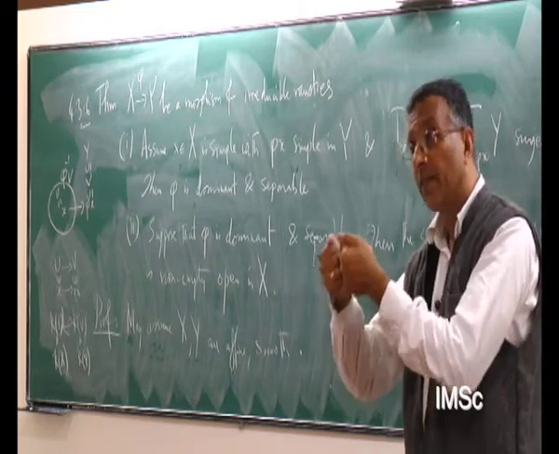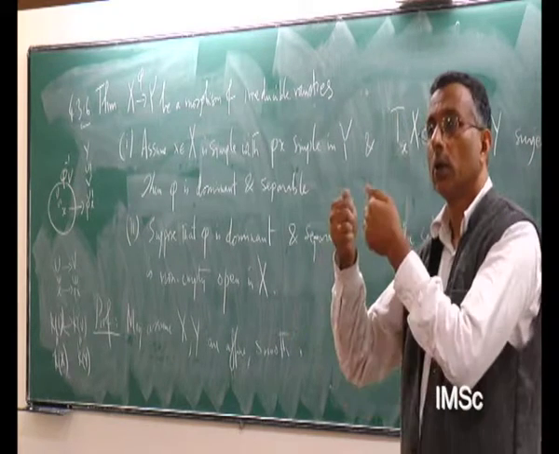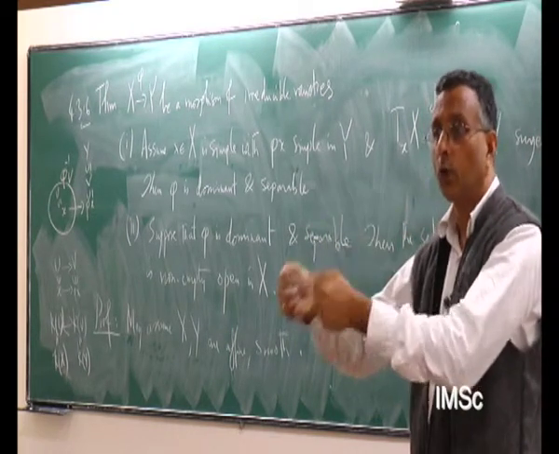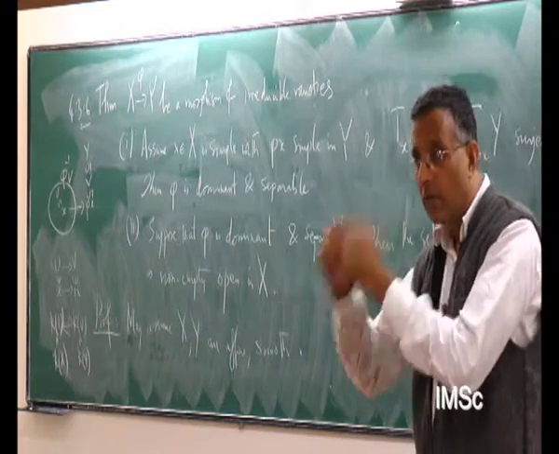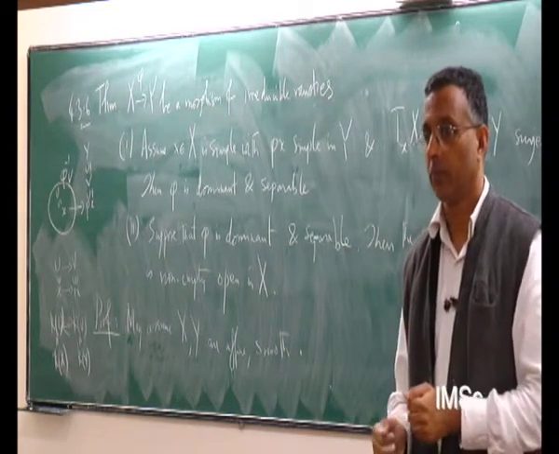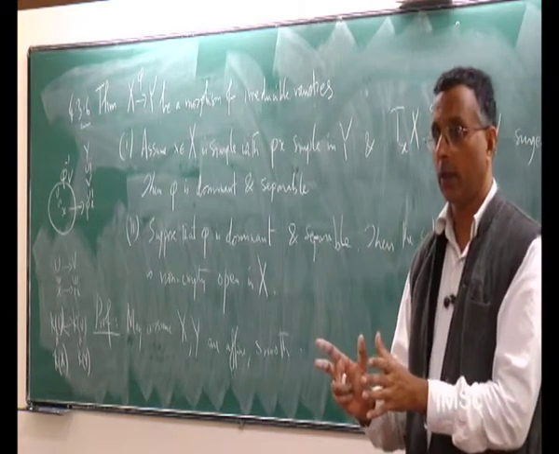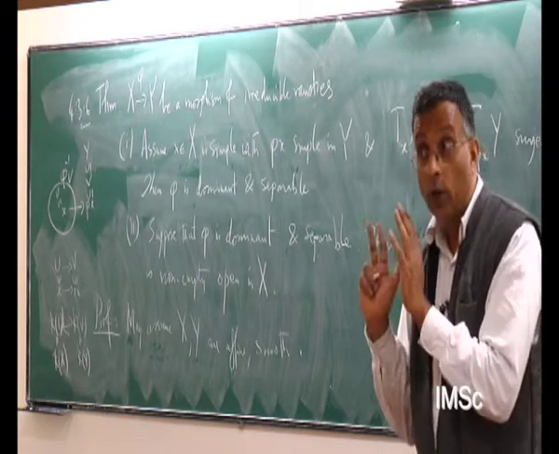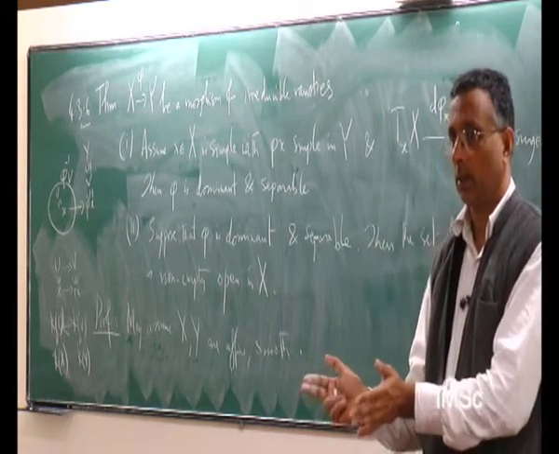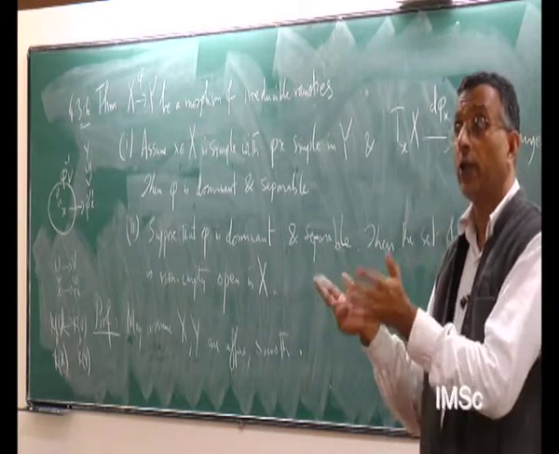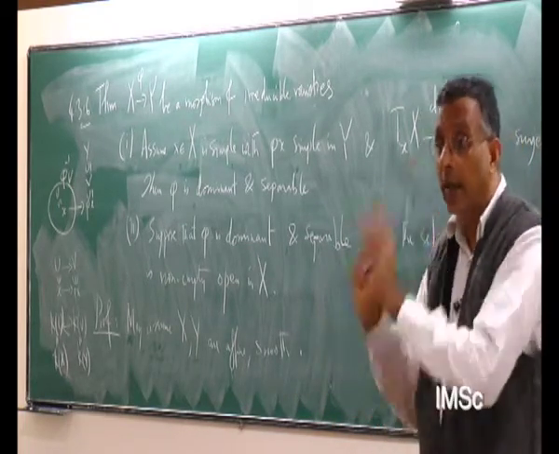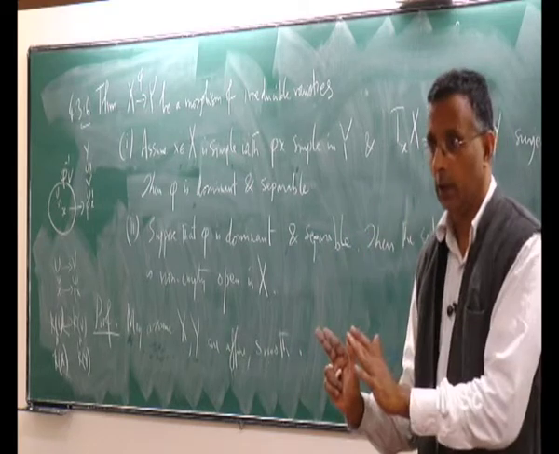I can look at an open affine smooth V. Why? Because I can first look at only smooth points. That, I know, is an open set, not empty open set, right? And therefore I can choose an affine open inside that, call it V.